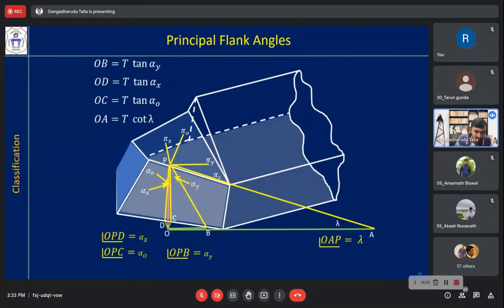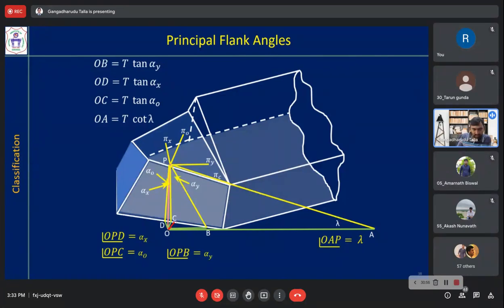You can see graphically also, if I draw a vertical line here, the length of that vertical line will be small, isn't it? Smallest among all these: OC, OD, OB.